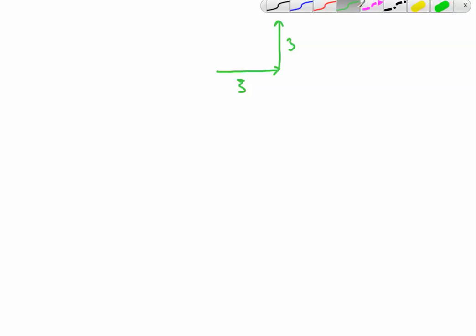Combining those two gets me a vector like this, which has a magnitude of 3 times the square root of 2 and a direction of 45 degrees north of east, or in the northeast direction.